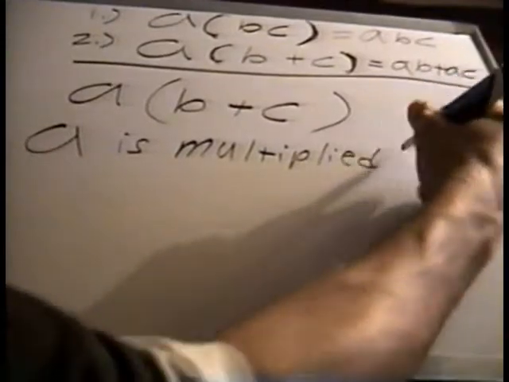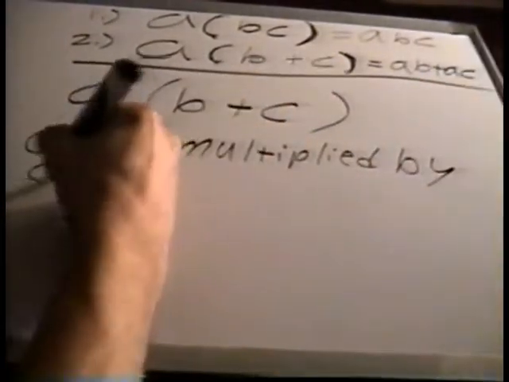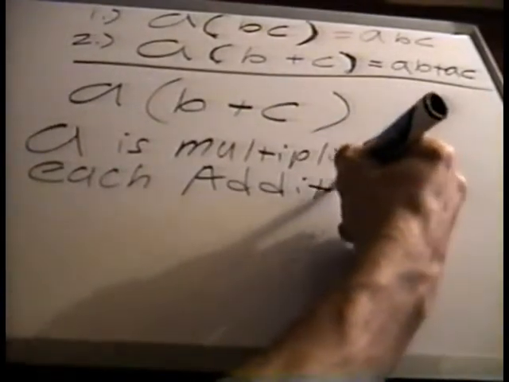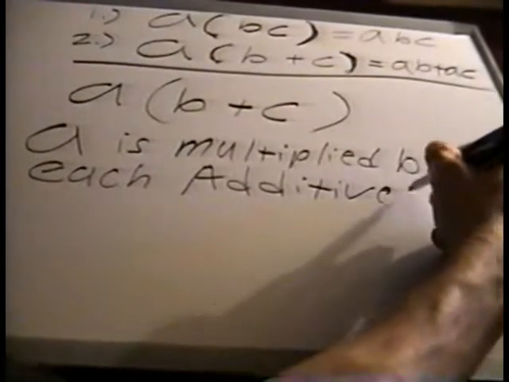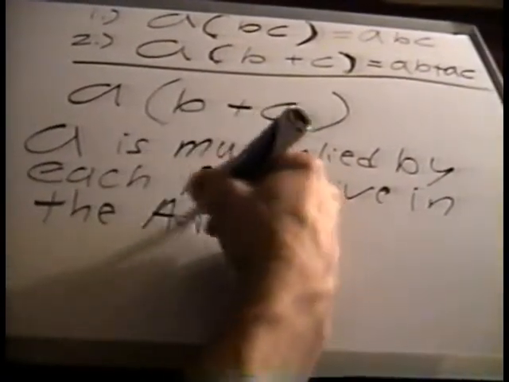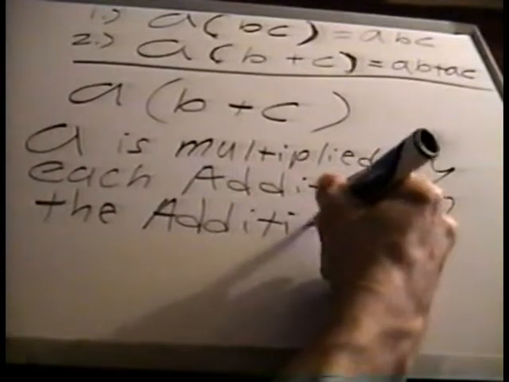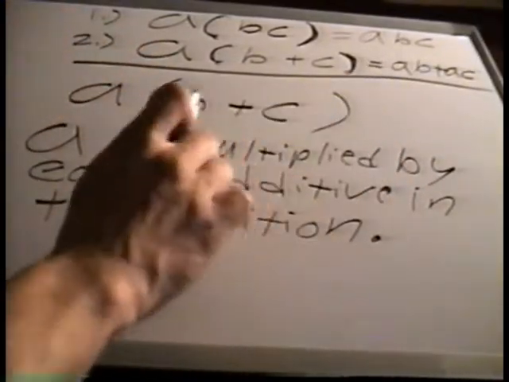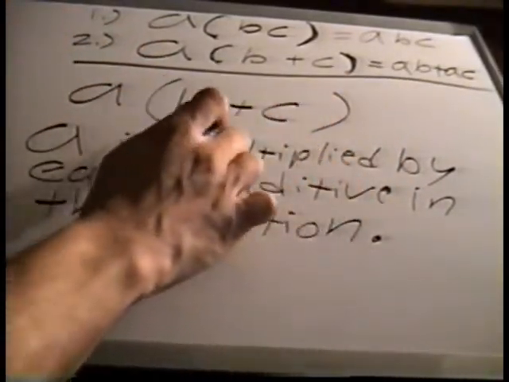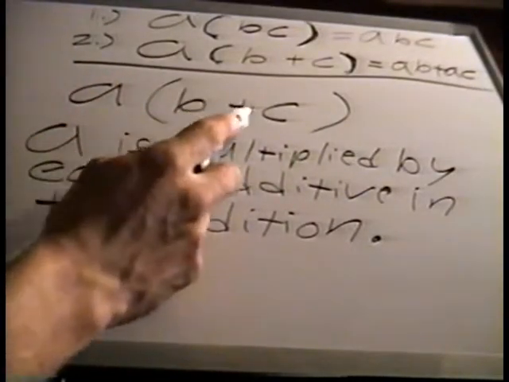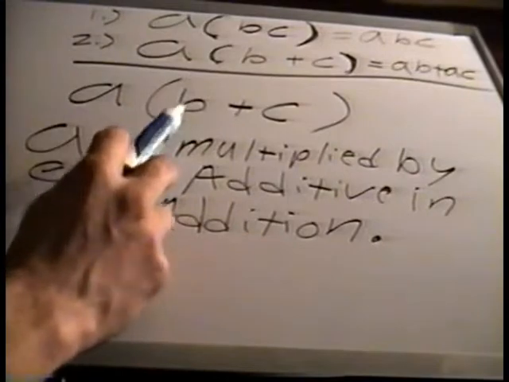When you're distributing a number over an addition, you multiply that number by each additive in the addition. But here, you're multiplying by the product of 2 numbers. Therefore, the correct way to write it is this way, where the number that you're multiplying, A, only gets multiplied into 2 at one time. So you should write these down as notes as well, so you know what this form does not equal.